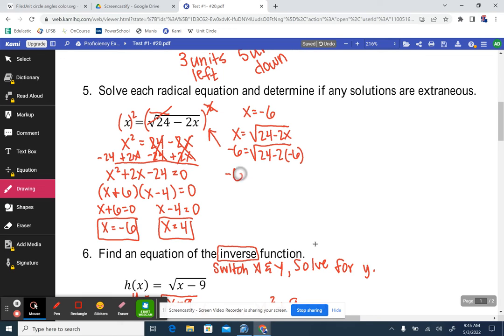So negative 6 equals the root of 24 plus 12, because negative 2 times negative 6 is positive 12. And negative 6 equals the root of 36. The root of 36 is positive 6. So that's a false statement. Negative 6 is not equal to positive 6, so that's an extraneous solution. So negative 6 is extraneous.